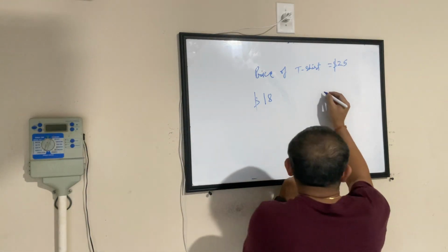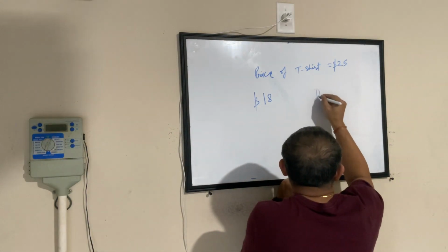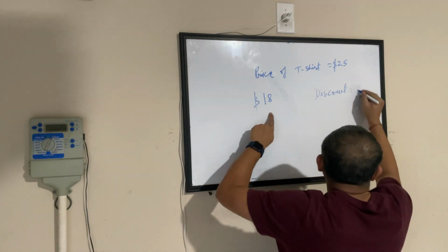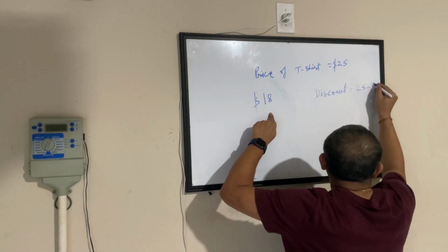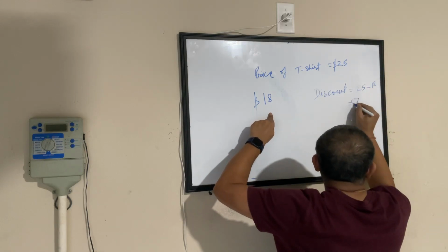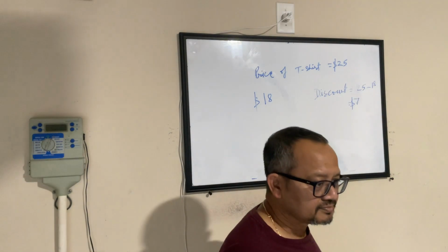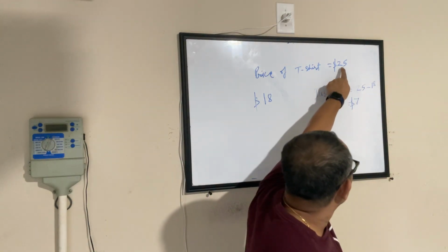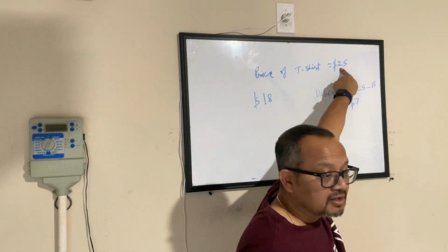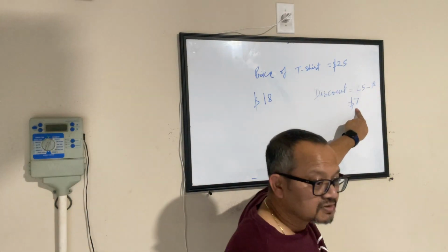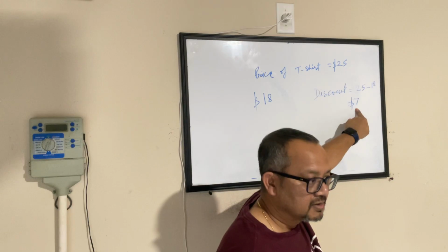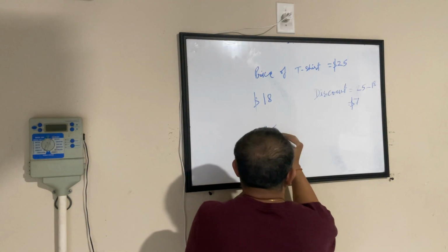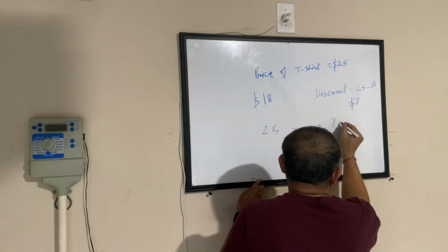So the cashier is being nice enough to offer me some discount. How much is the discount? 25 minus 18. So $7. I'm getting $7 discount.